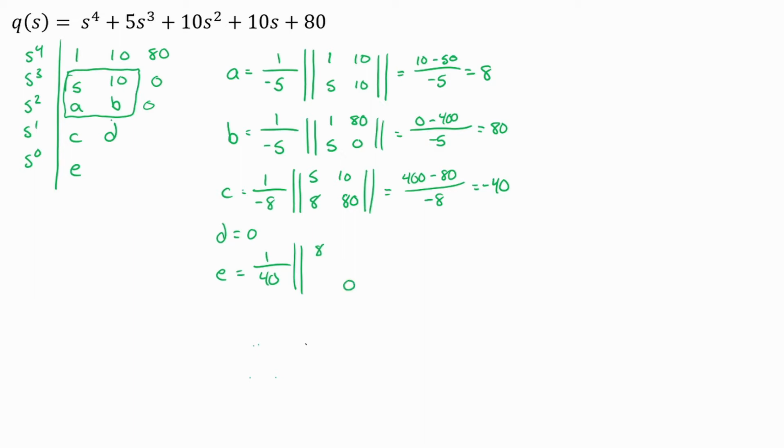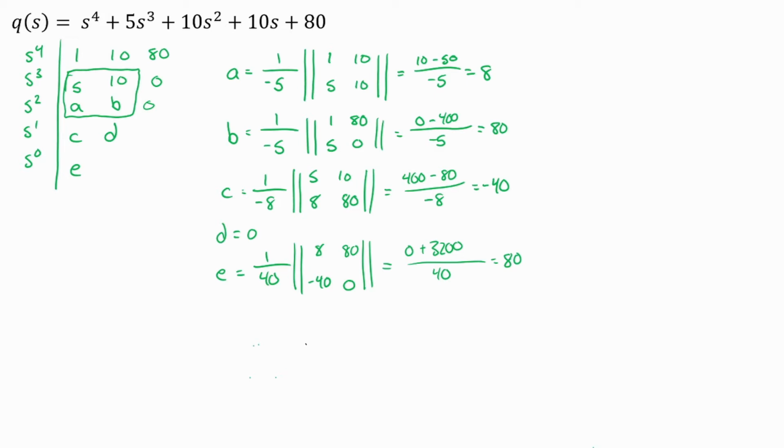And C and B, C was negative 40, and B was 80. And so that equals 0 plus 3,200 all over 40, which is equal to 80.